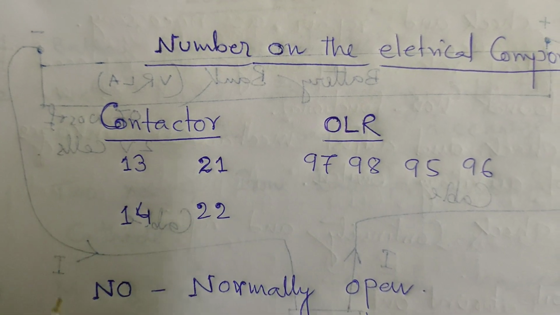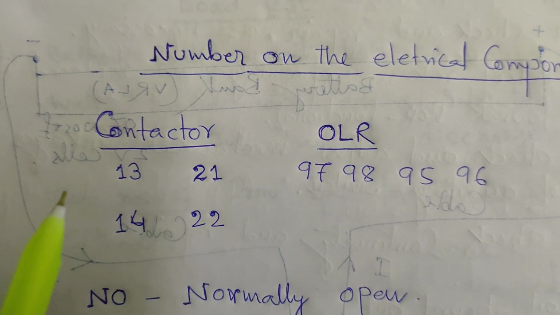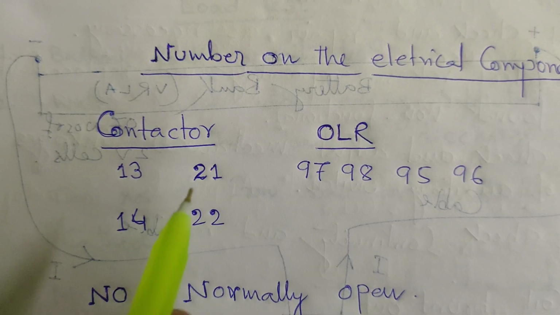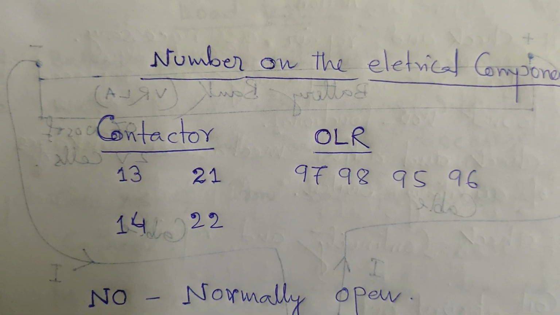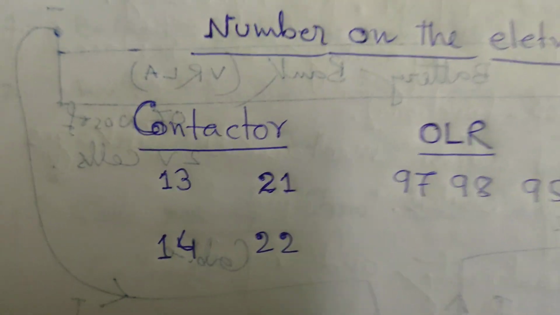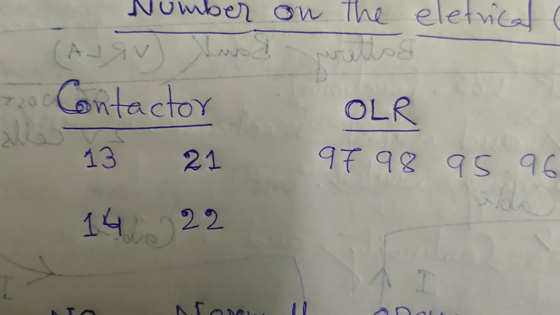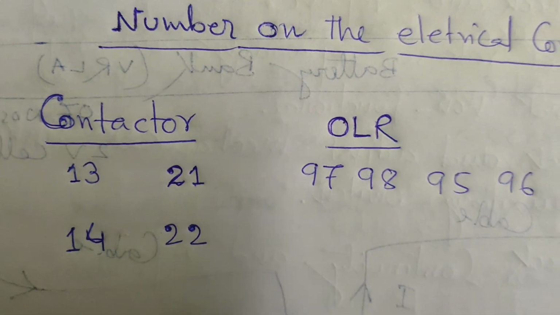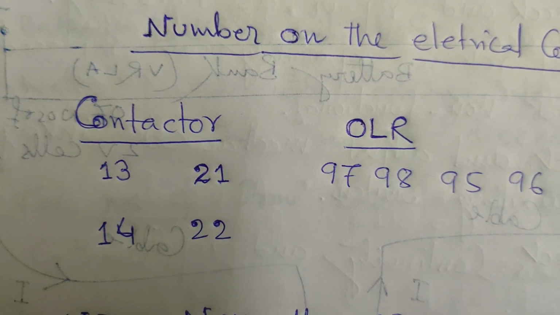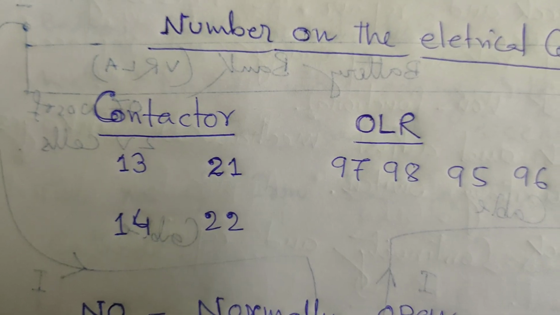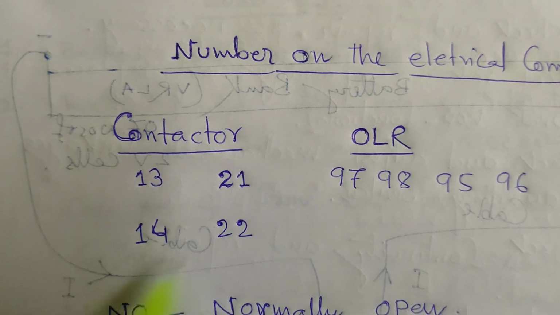On the contactors, you can see different numbers: 13, 14, 21, 22. Let's discuss the contactor numbers. If you look carefully at the top, the front part of the contactor, you can see these numbers.